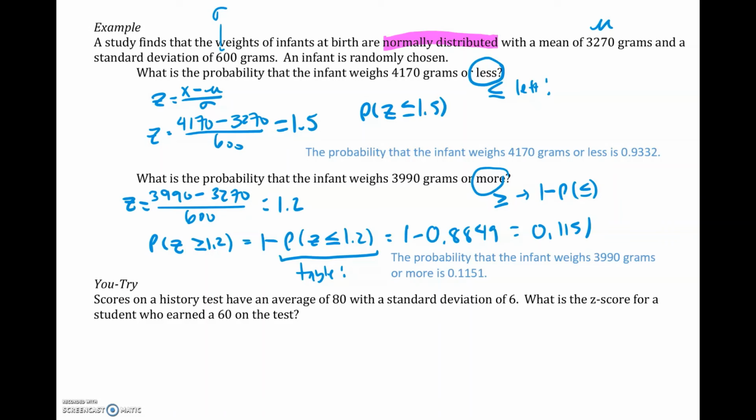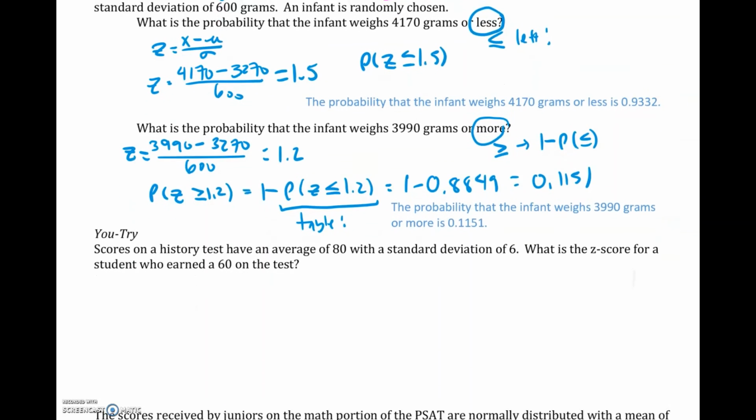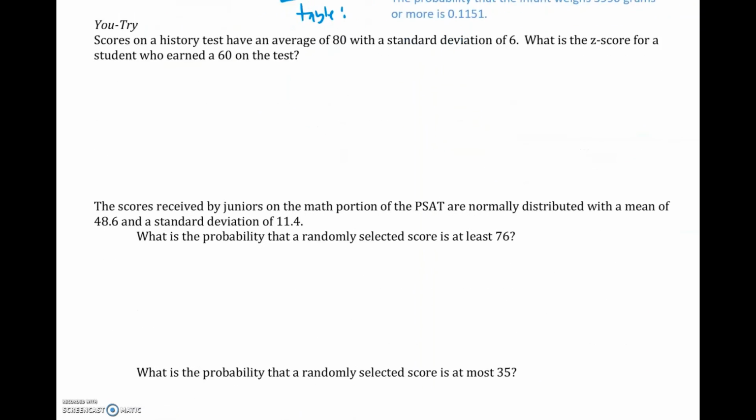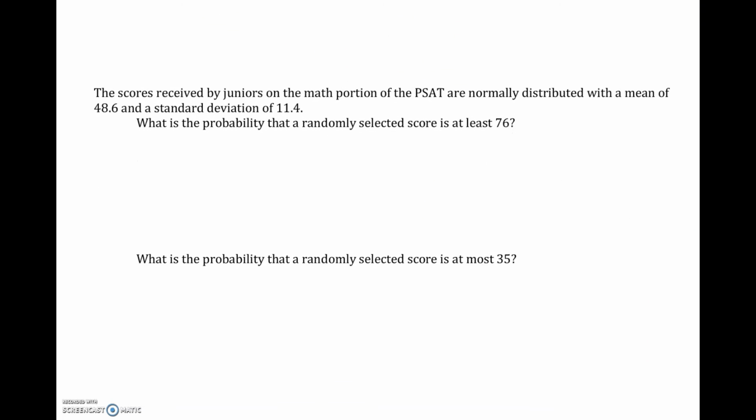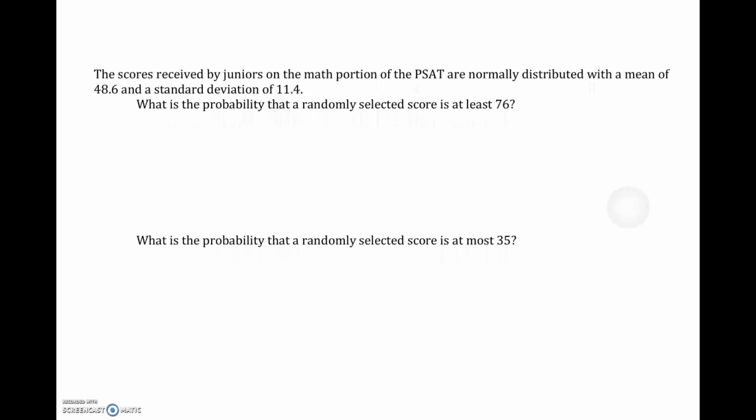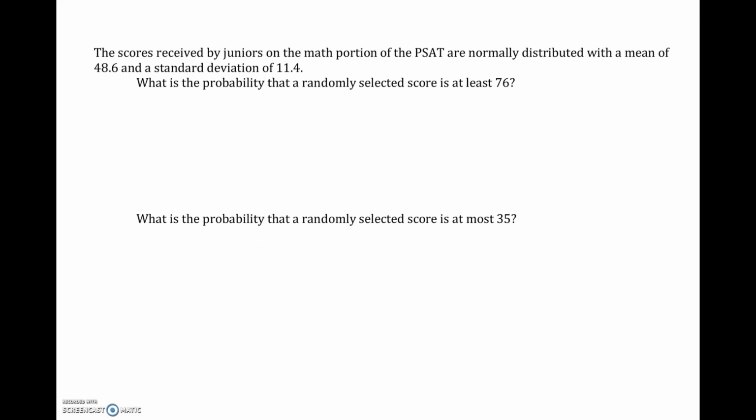Do your best with it, right? One quick heads up before you pause and get to work. This last problem down here about the juniors and the math portion of the SAT, you're going to need to approximate those. So do the best you can with it. And if you do get stuck, feel free to resume the video so you can see my work, but I'll work these out for you guys just to show you again how to do the approximations.